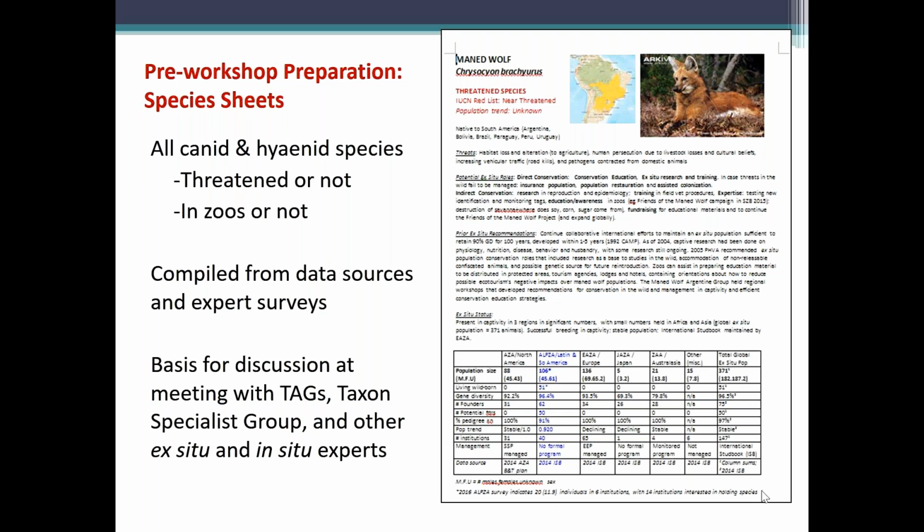So we didn't look at just the canid and hyaenid species that were in zoos, but we took them whether they were there or not, because maybe they're there and they don't need to be. Maybe there are some missing that should be there. So we want to look at all of them, and we want to look at whether they were threatened or not in an ideal world.